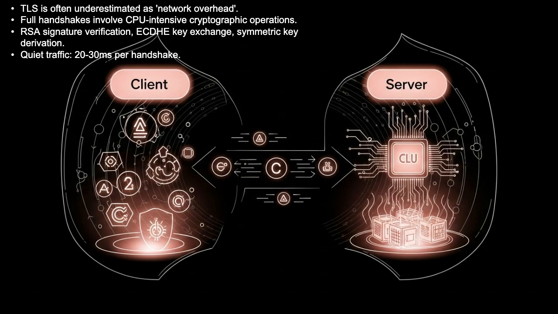These operations, while crucial for security, consume significant processor cycles. On a quiet morning, an individual handshake might complete in a respectable 20 to 30 milliseconds. But during a sudden traffic surge, that identical handshake can balloon to an agonizing 5 seconds or even more, revealing a fundamental challenge in distributed systems.